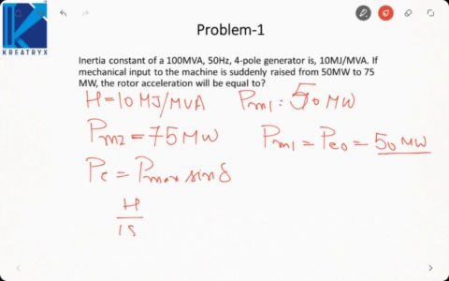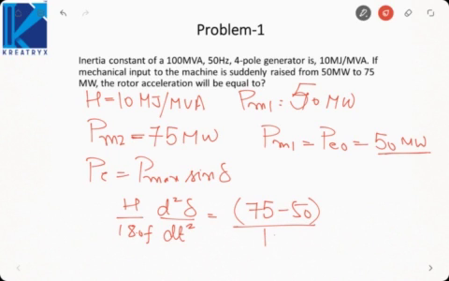So applying the swing equation, I have taken 180 because I am applying it in per unit and in electrical degrees. So 75 is PM, 50 is PE, upon base 100, because power must be in PU. So it is 0.25.